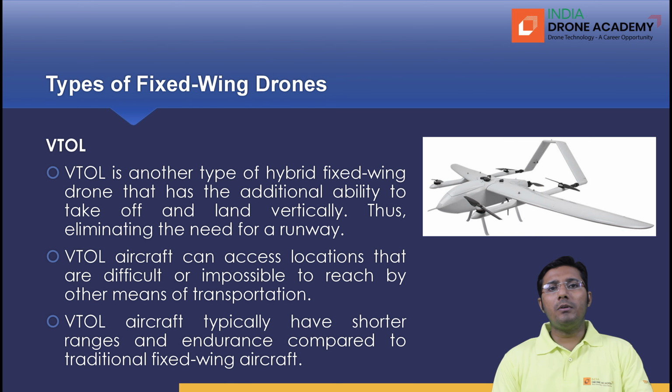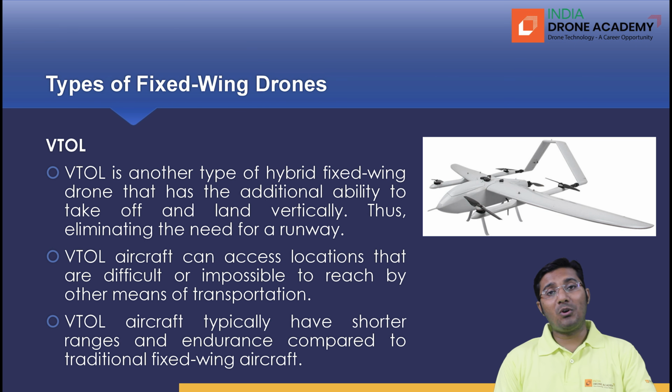Now the third type of fixed wing drone is the VTOL, that means vertical takeoff and landing fixed wing drone. This type of VTOL is actually a hybrid fixed wing drone. It has the ability to take off and land vertically. So it has the advantage that there is no need of any runway, and VTOL aircraft has another advantage that it can access locations which are difficult to reach by other means of transportation.